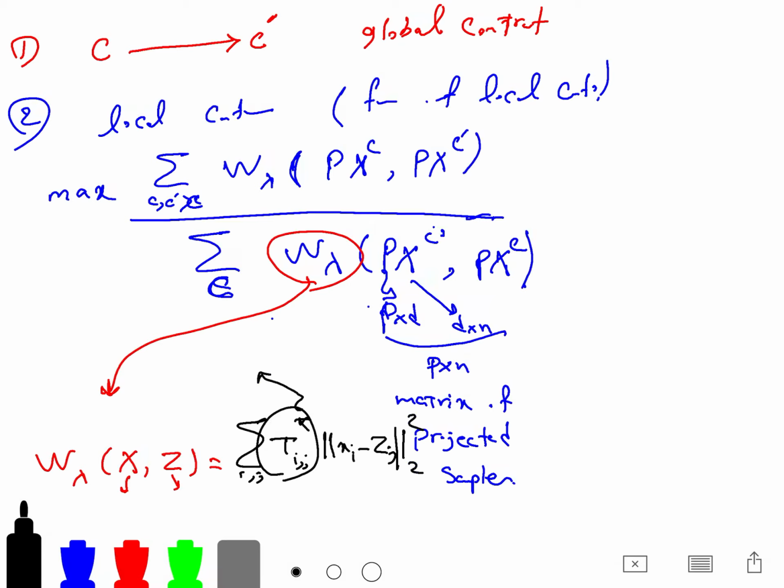And T is the coordinates of the entropic regularization that I just mentioned. The T i j are the coordinates of the entropic regularized optimal transport matrix.